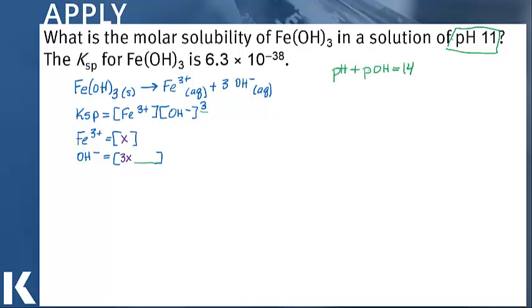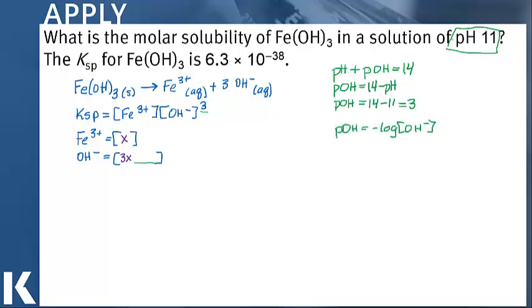So we're going to do this over on the right. I know that pH plus pOH is equal to 14, which means pOH is equal to 14 minus pH. They tell me my pH is 11, so I get a pOH of 3. Now I need to figure out the concentration of hydroxide ions.